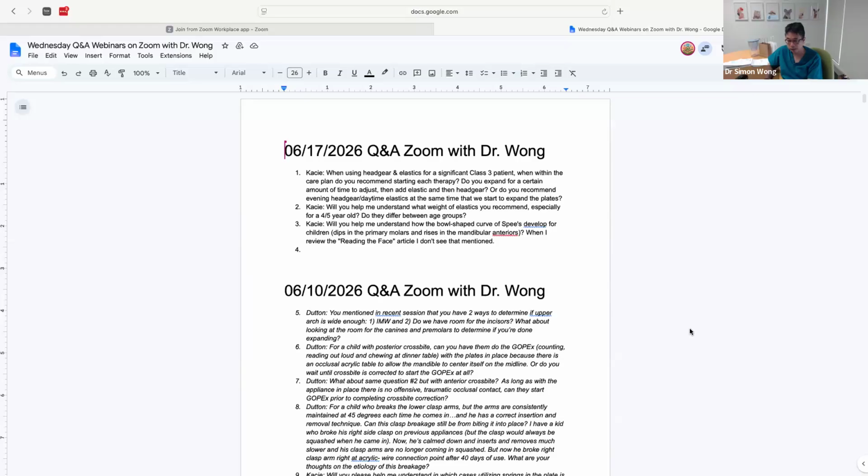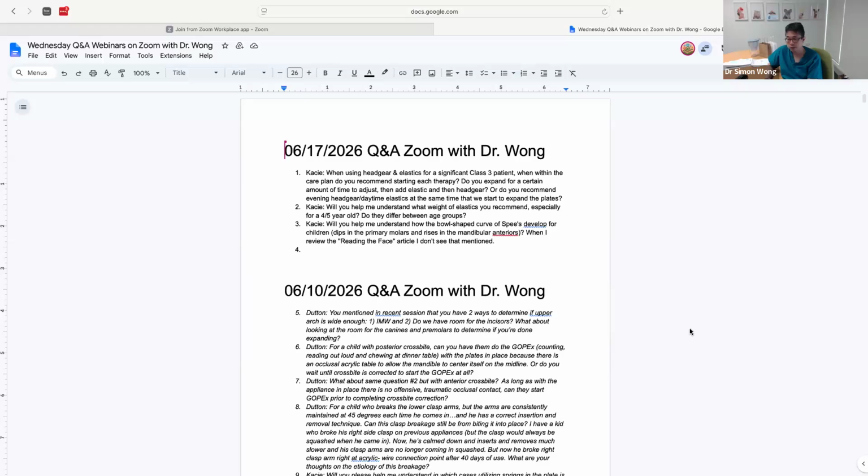And AP correction is done through the use of either extraoral traction on the maxilla and inhibition of the mandible through the face mask action, or interarch elastics.